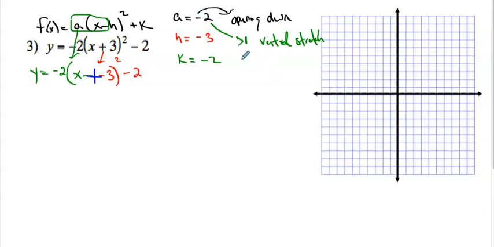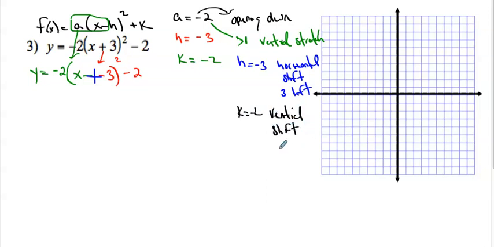My h is negative 3, which means I have a horizontal shift 3 left. And my k is negative 2, which means I have a vertical shift 2 down. All right, so the a value doesn't affect your vertex.